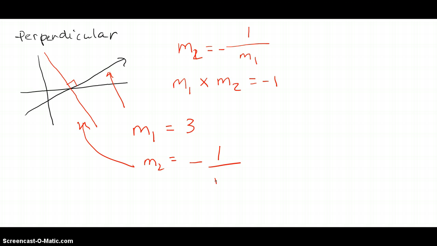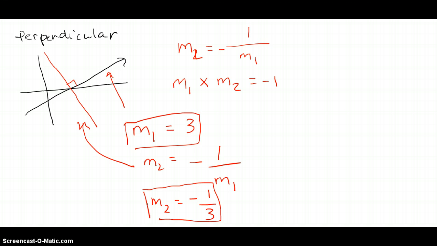What is the formula first? m1 times m2 equals minus 1, and that's the same as saying m2 is equal to minus 1 over m1, and m1 in this case is 3. So the gradient of the first line is 3, but the gradient of the second line is minus 1/3. Okay, that's how you find perpendicular lines.